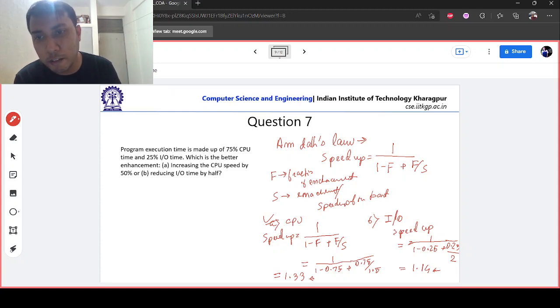In the limiting case, the CPU operation does not take any measurable time, so this portion will become 0 because s will be infinity. In that case, the speedup will be only this part. So it will be 1 by 0.25, which is 4. That is the maximum speedup that will be possible in that case.